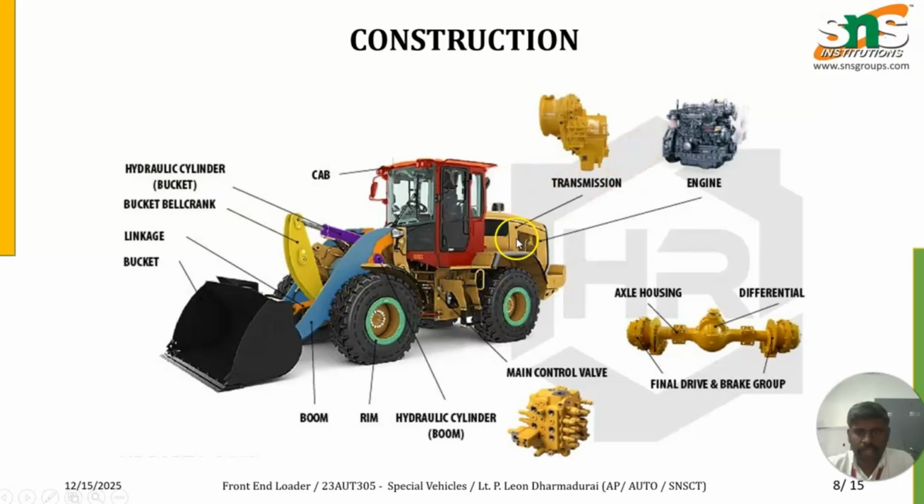On the rear side, both the engine and the transmission unit are fixed. In the driver cabin, the main control valve and the controlling unit are fixed. In front of the vehicle, the bucket along with the boom is attached with the hydraulic cylinder. The hydraulic cylinder acts as a central medium used for moving the bucket up and down, or to a certain angle, according to the input given by the driver inside the cabin.